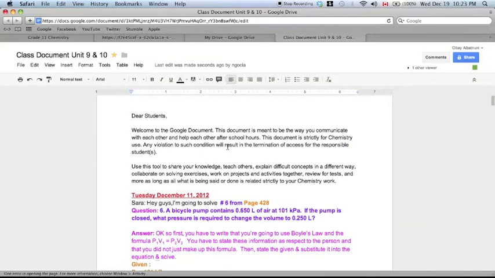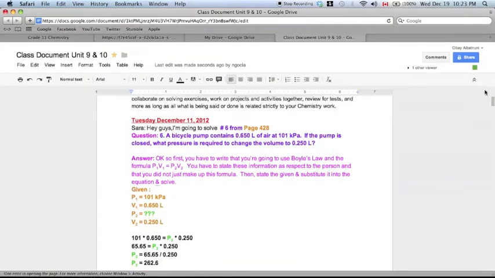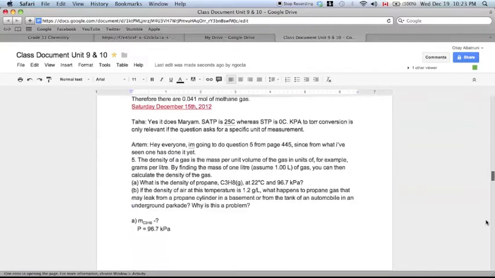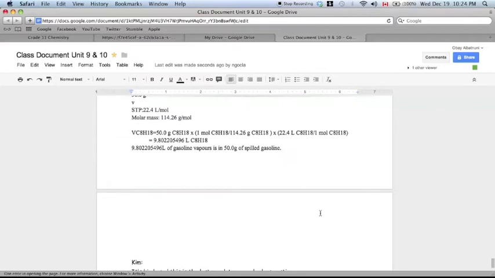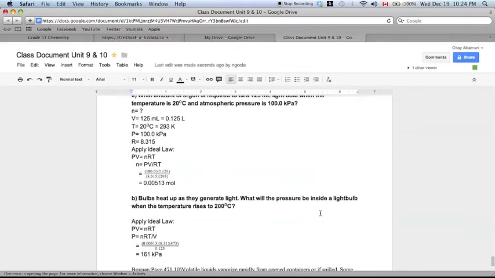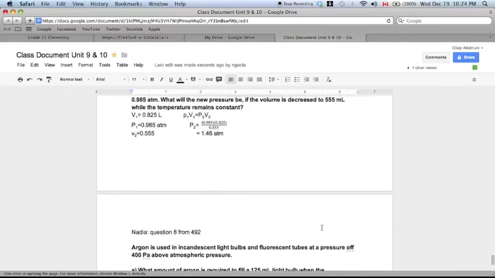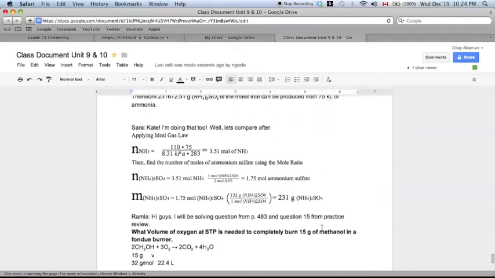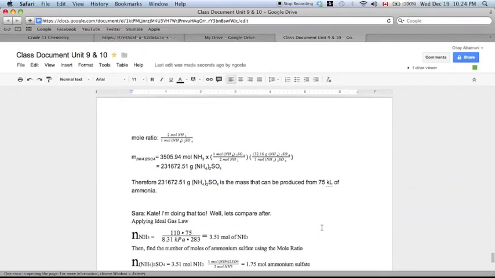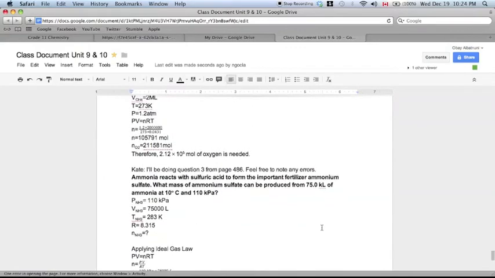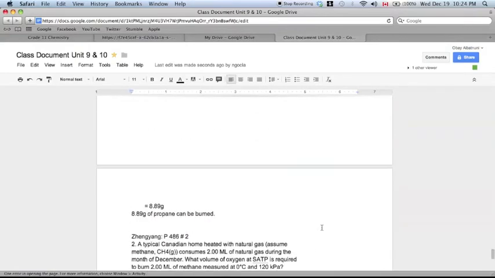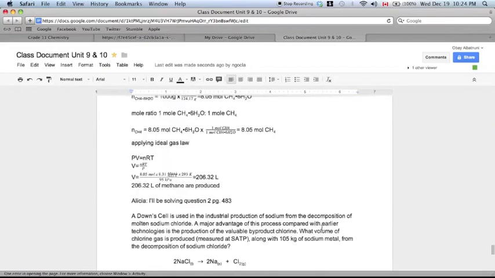But back to the flipped classroom. So I go down to today's date, and what I like to do is see what other students have been doing and the questions that they've been posting, and sometimes try to find a challenging question, or a question that's a bit longer that needs more thinking.